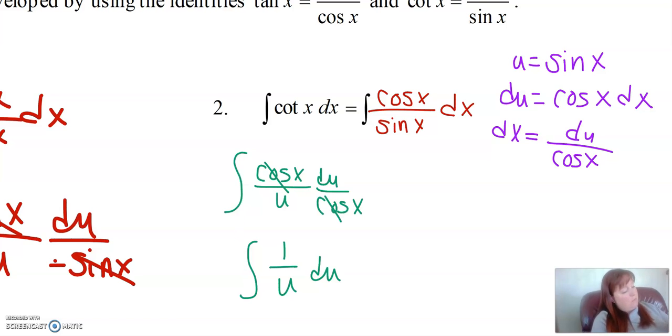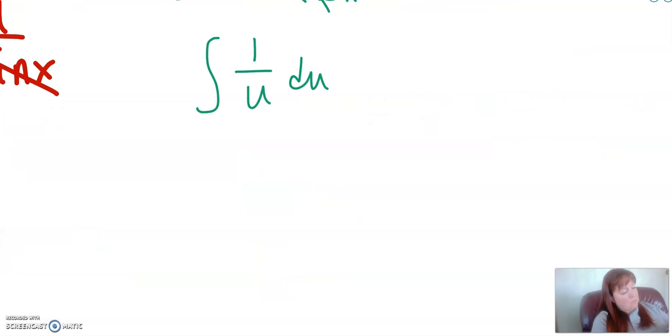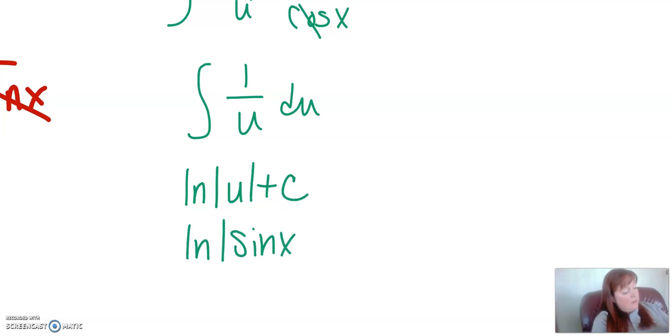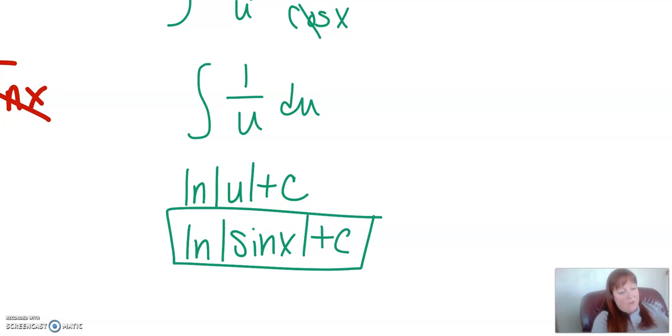Okay, so then what's the integral of 1 over u? It's ln of absolute value of u plus c. And so then we sub back in absolute value of sine x plus c. So that is the integral of cotangent x.